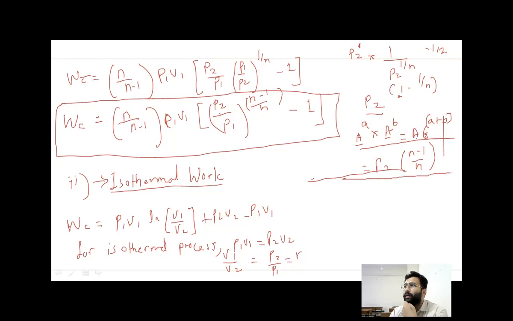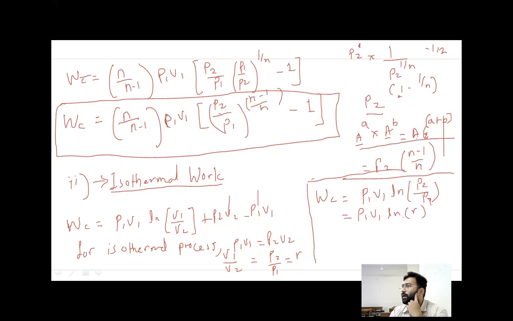So finally, what will the compression equation be? The P2 V2 and P1 V1 terms will get cancelled because these are equal. The only thing that remains is P1 V1 log P2 by P1, that is, P1 V1 log r.